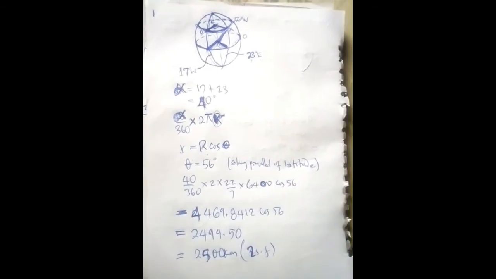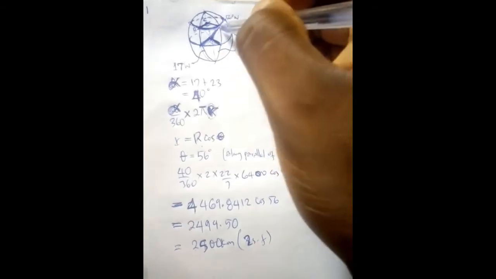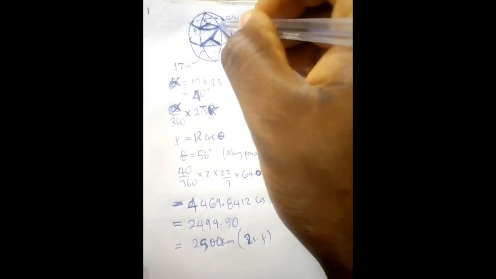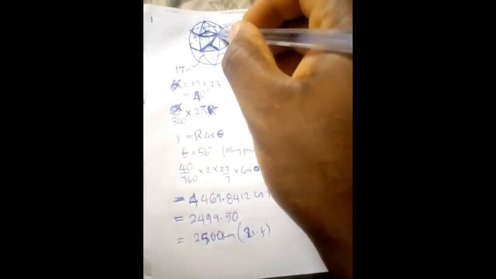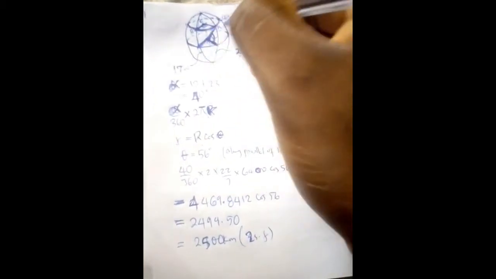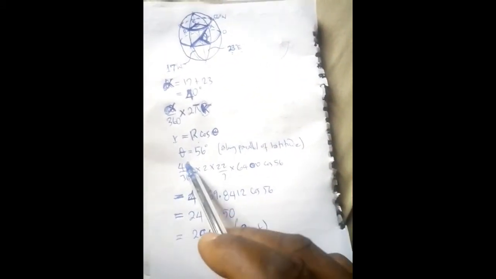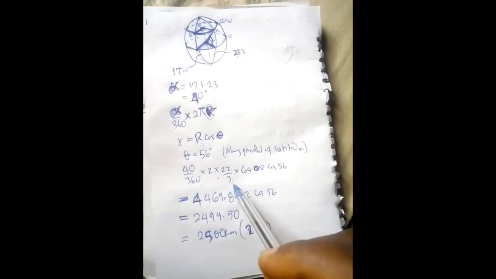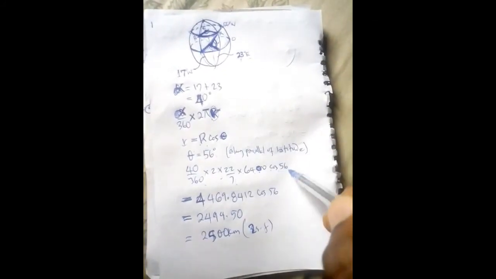r equals R cos theta. And our theta along the bigger R, to get the angle, is 56 degree from here to here. So the angle here is 56 degree, which is the angle of the bigger R. So we have 40 over 360 times 2 times 22/7 times 6,400, which is our constant R, the bigger R, times cos 56 degrees.